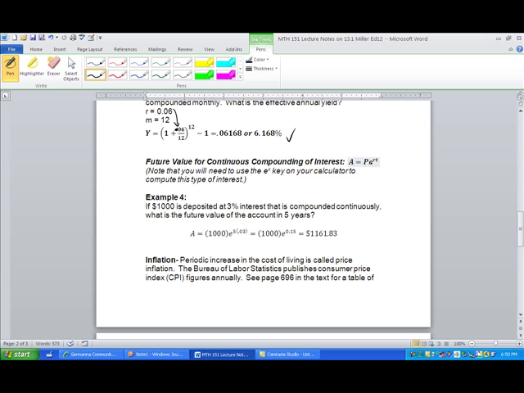We get 1,000 times E, and I just go ahead and multiply out that exponent beforehand. So then I would do E to the 0.15, and I've got to find my E to the X key. Okay, there it is. So I'm hitting that key to get E to the 0.15, and then I want to do times $1,000 and equals.